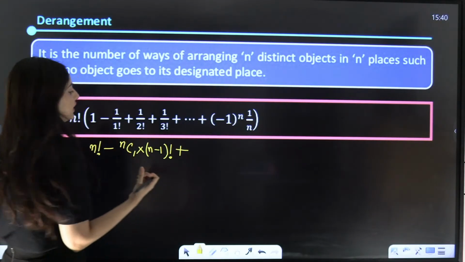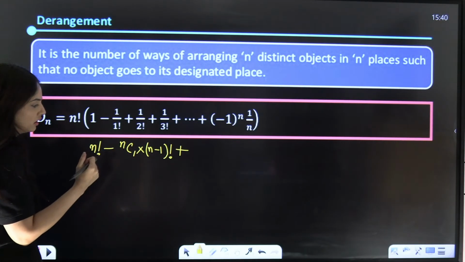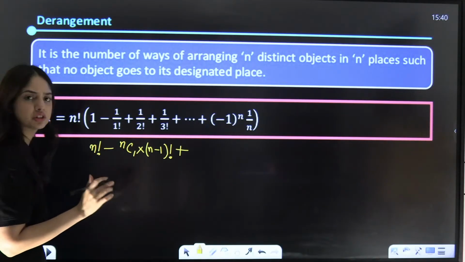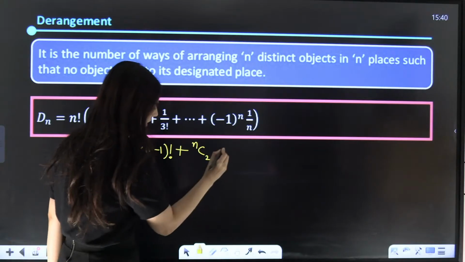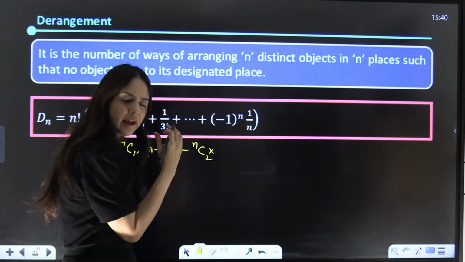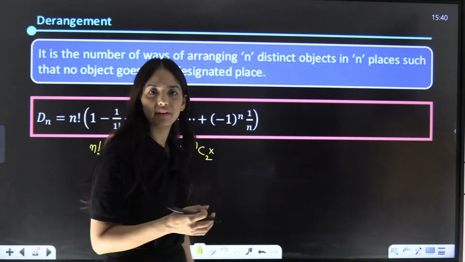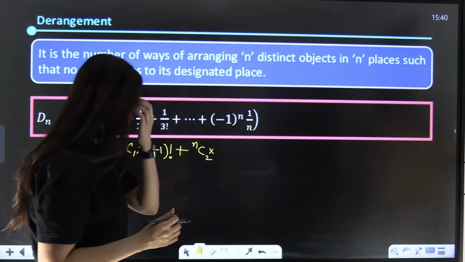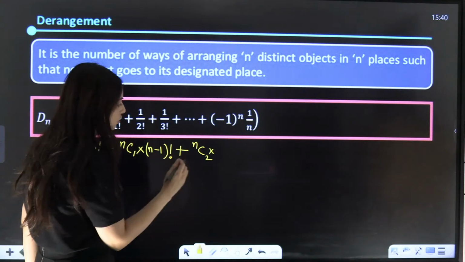We excluded where these two students were sitting in their original spot. So we will add that, nC2, because we excluded it more than once. We had two excluded, but we did not exclude it exactly once. So we will have to add that.